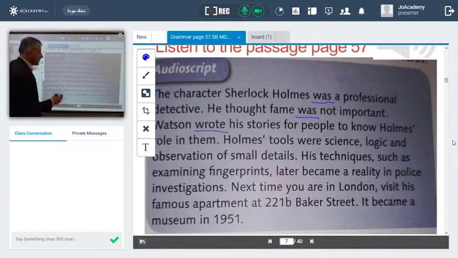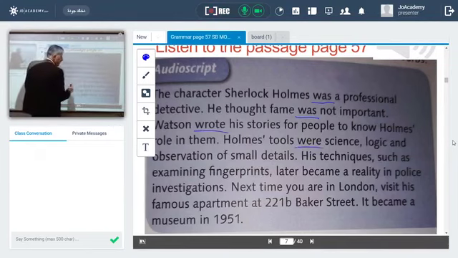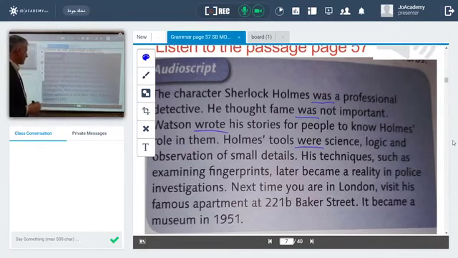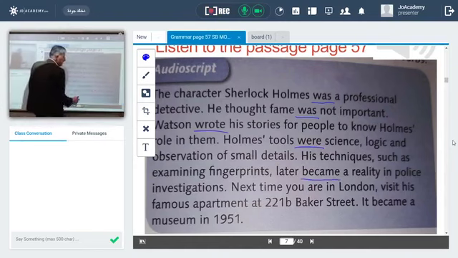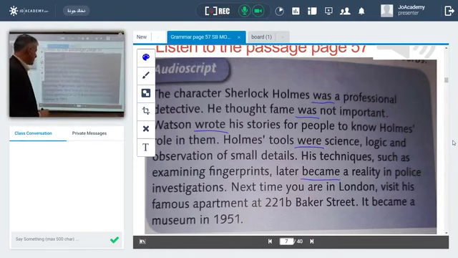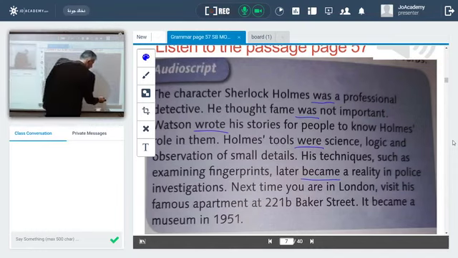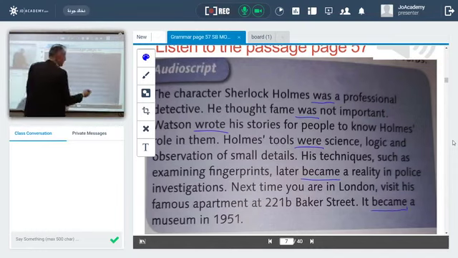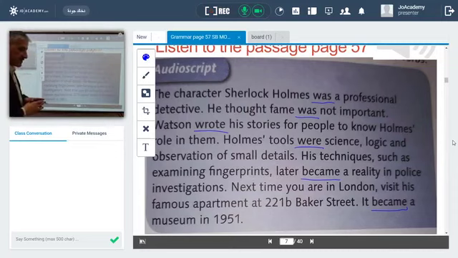Holmes' tools were science, logic, and observation of small details. His techniques, such as examining fingerprints, later became a reality in police investigations. Next time you are in London, visit his famous apartment at 221B Baker Street. It became. So these are the verbs, the simple past verbs. So we have done this exercise, page number 57.